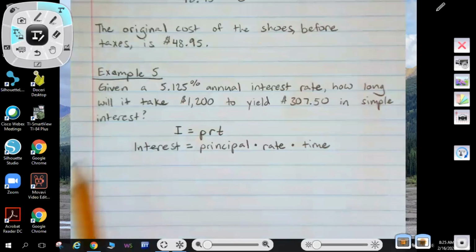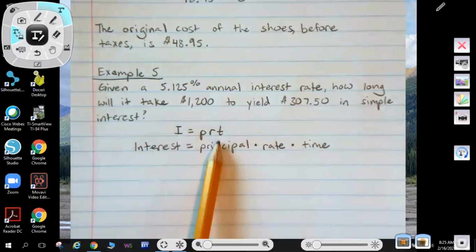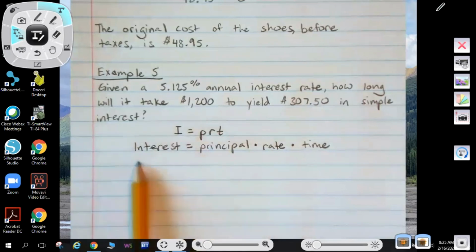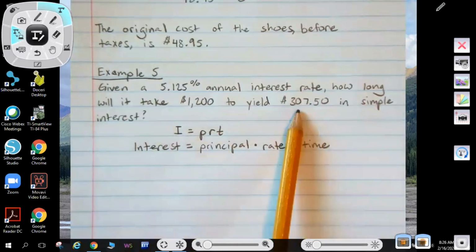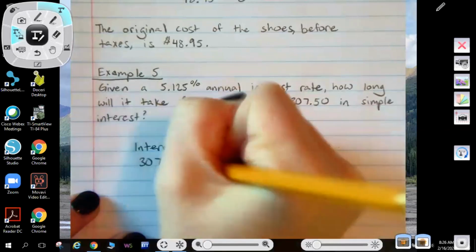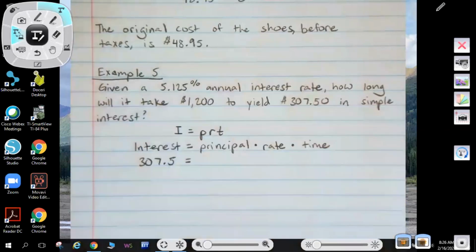So for this example, it's asking how long, which means time, the t is the variable that we're going to end up looking for. So in this formula, we have all the other parts. The interest is $307.50, so 307.5. The principal, or the amount that you start with, is the $1,200.